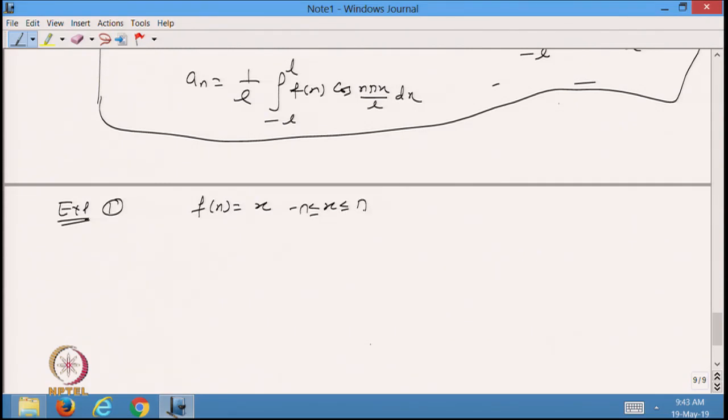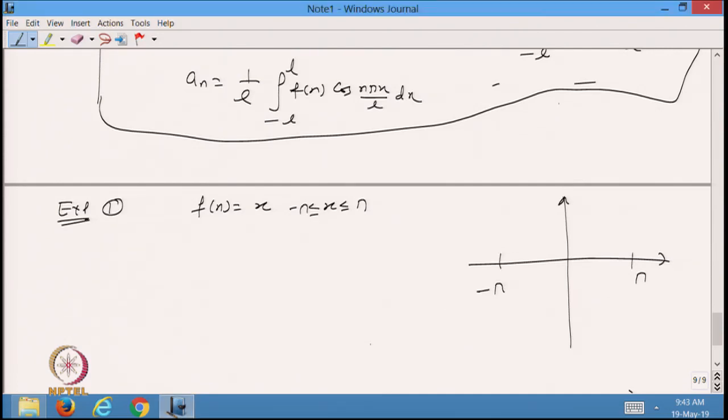If I plot this function, this is my x axis and y axis, and this is pi, and this is minus pi.